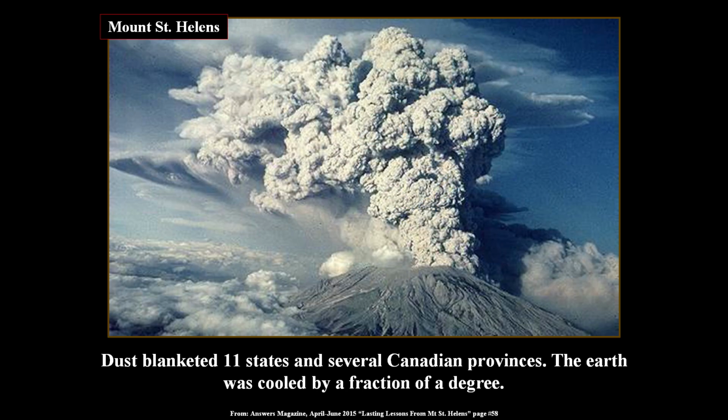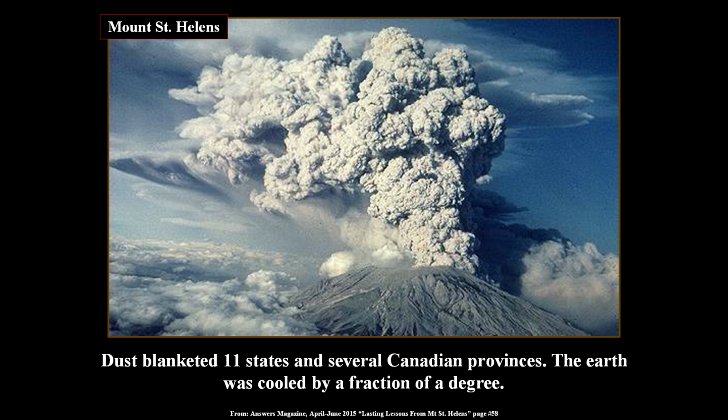Now when we think of volcanic activity, the first thing a lot of people are going to think of is Mount St. Helens. A bulk of this video is going to be about Mount St. Helens, just to show you what volcanic activity can do.